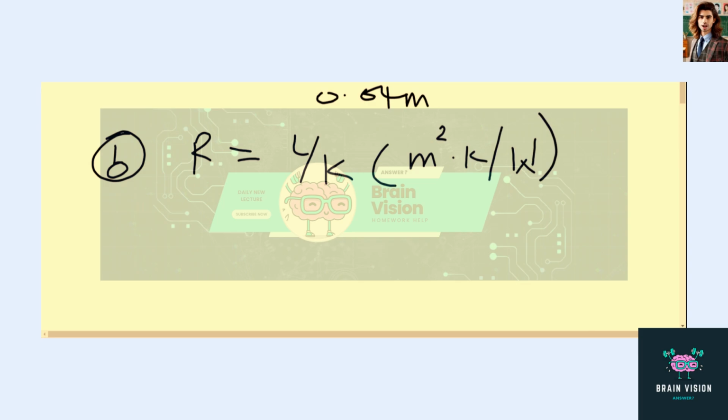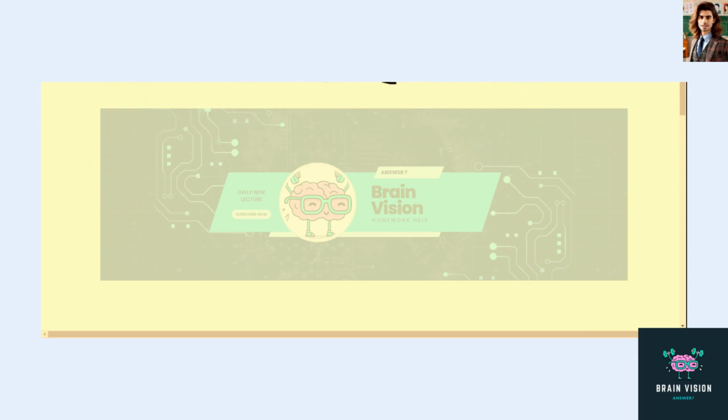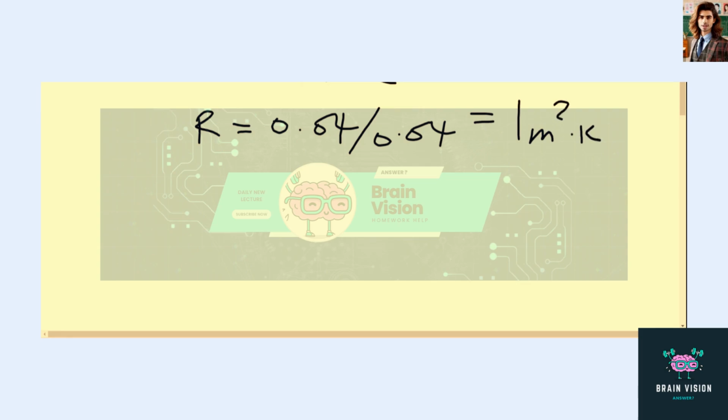Meaning that the electric power given to this material will be undergoing some sort of thermal resistance. So to find the thermal resistance, R is equal to 0.04 divided by 0.04, which is equal to 1 meter squared Kelvin per watt.